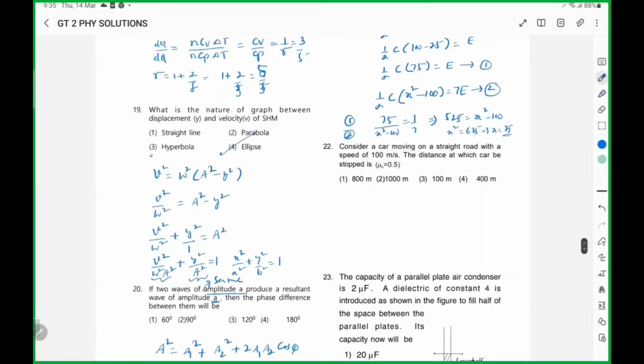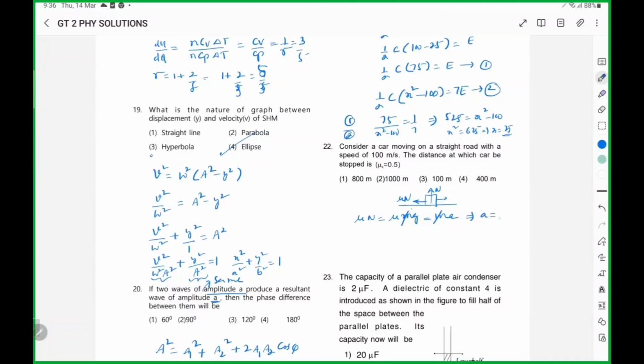Consider a car moving on a straight line; find the distance at which the car can be stopped. This is the normal reaction, so the frictional force will be like this. Here mu mg is ma.